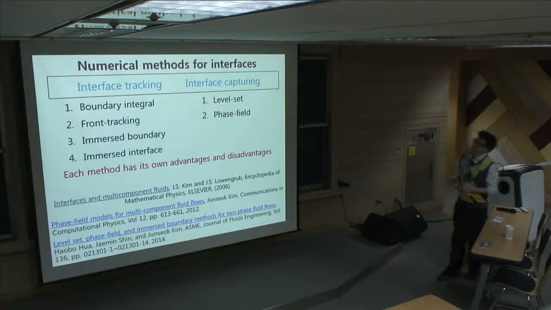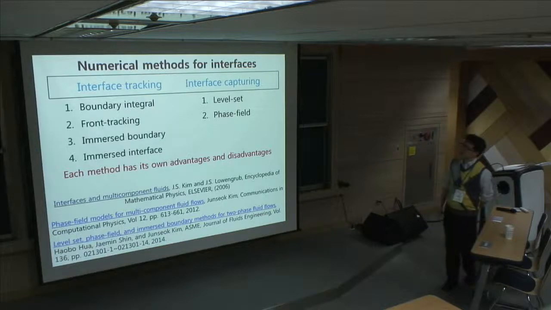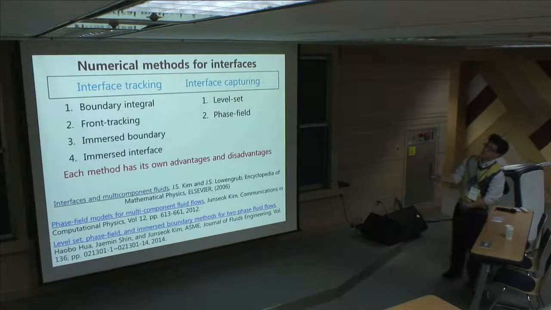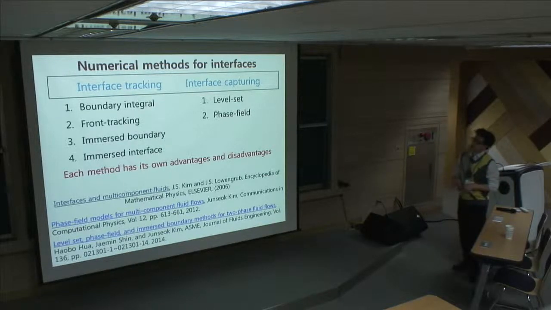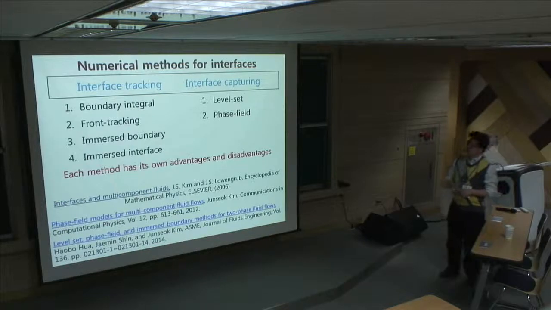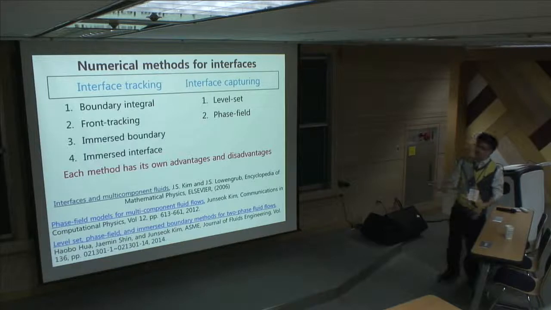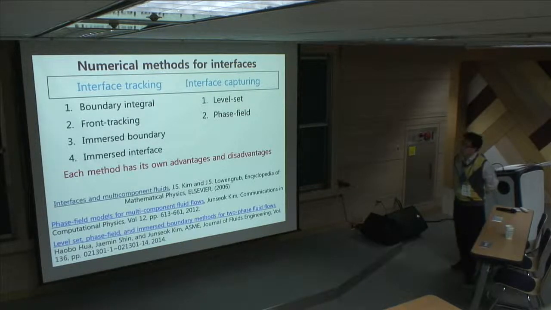To model this numerically, there are many kinds of methods, and there are two types: interface tracking and interface capturing. Interface tracking includes the boundary integral method, front tracking, immersed boundary, and immersed interface. Interface capturing includes level set, a very famous one, and phase field. Each method has its own advantages and disadvantages.